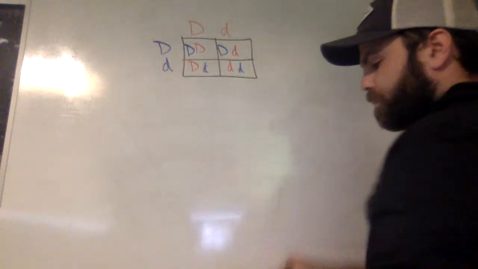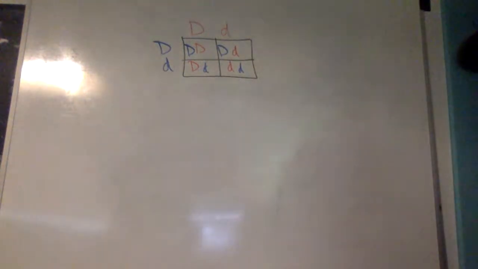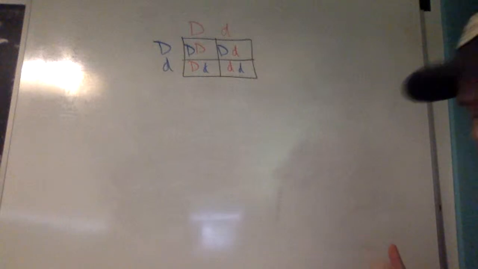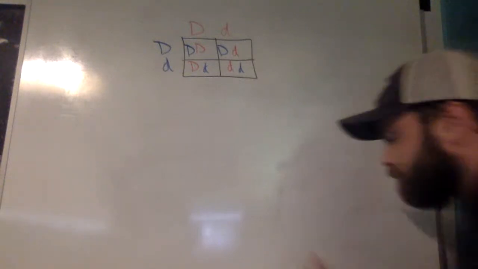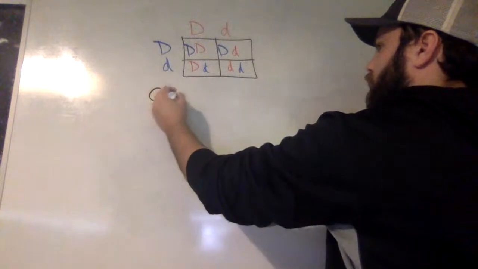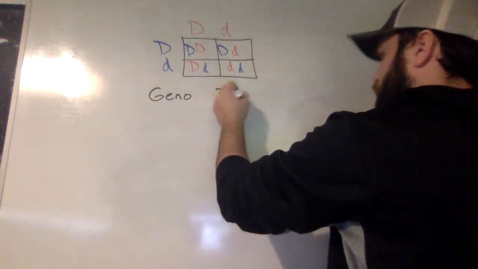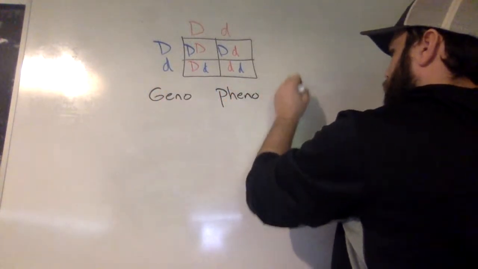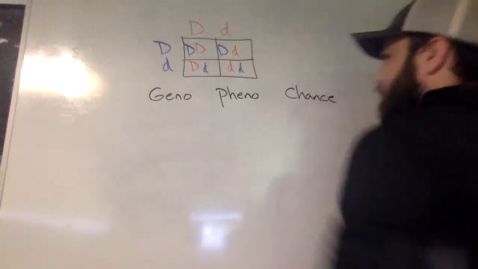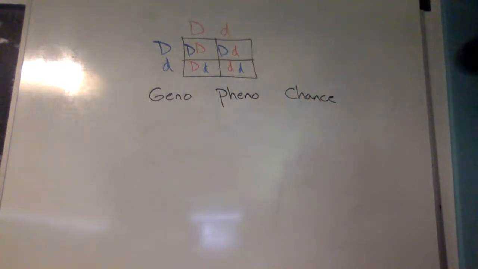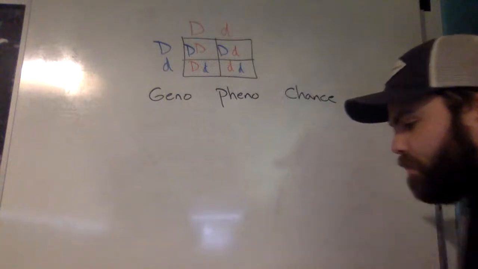Now we got to find out the three things again. We got genotype, phenotype, and chance. So write that down: geno, pheno, chance. Now the only problem with this is we have to read the paragraph up at the top.